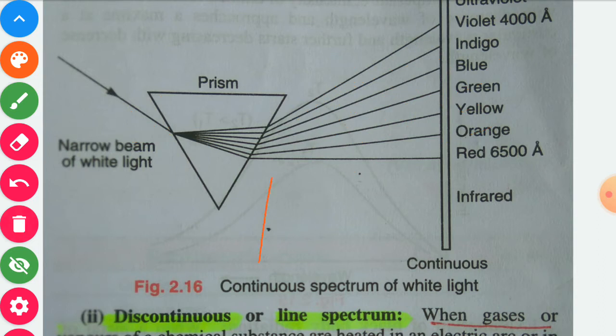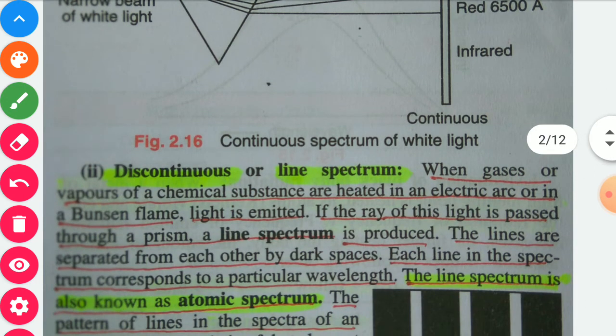Now, discontinuous spectrum or discontinuous line spectrum. When gases or vapor of chemical substances are heated in an electric arc or in a Bunsen flame, light is emitted. If the ray of this light is passed through a prism, a line spectrum is produced.